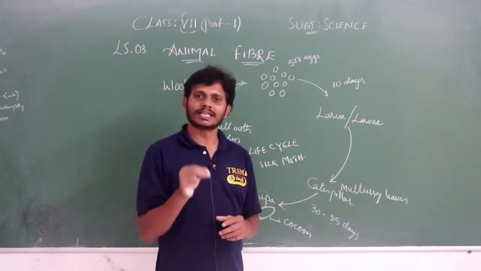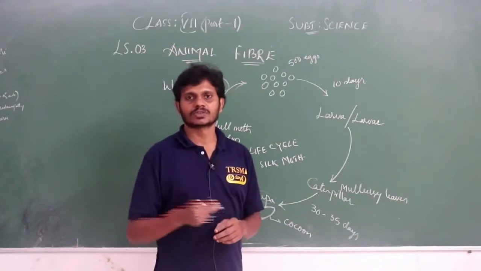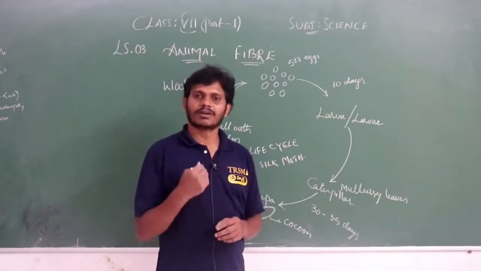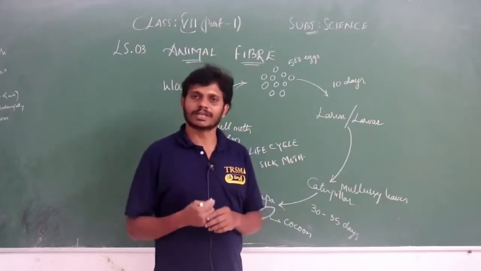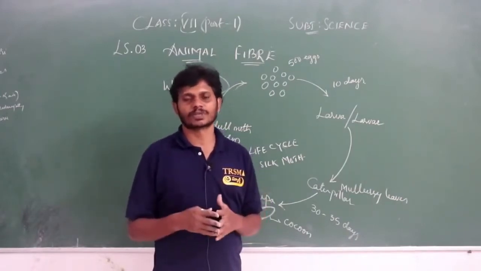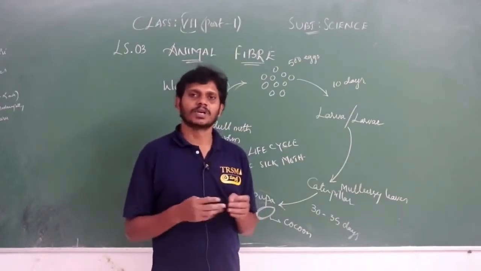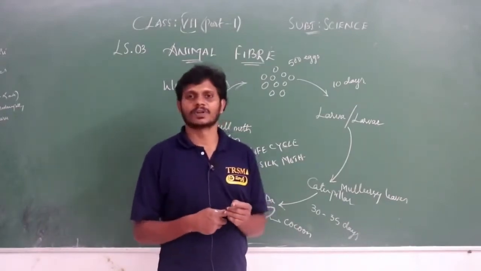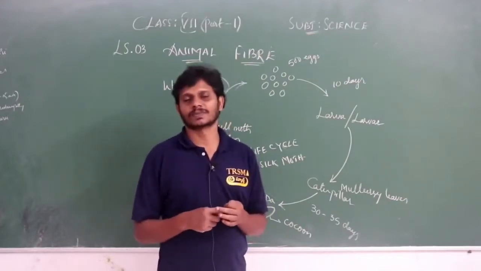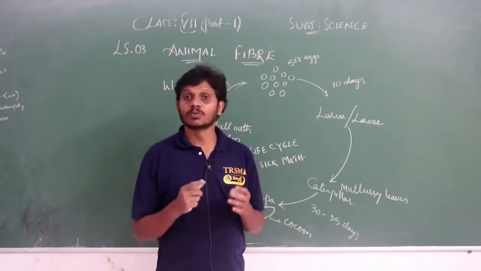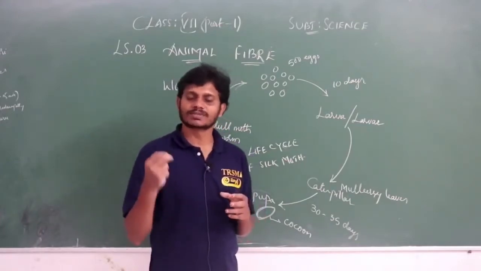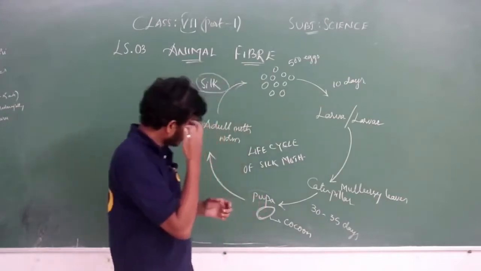Means we get different types of silks. One is eri silk, another is tussar silk, another is muga silk. Like this we have types of silks.